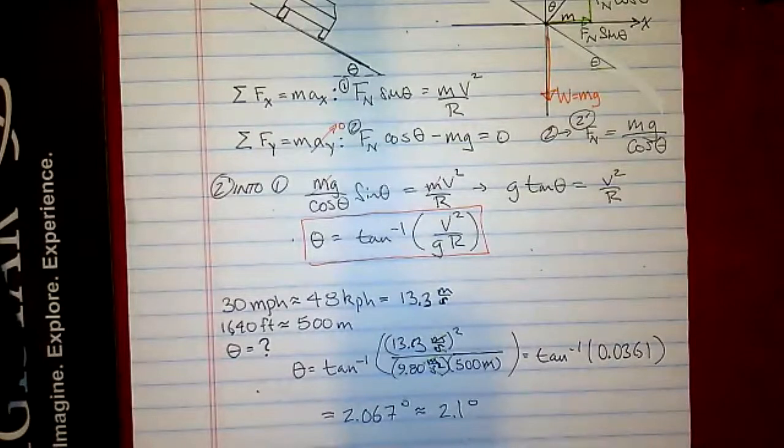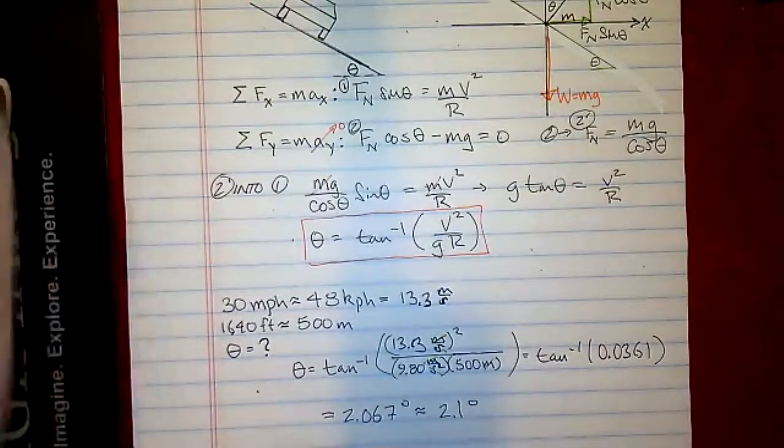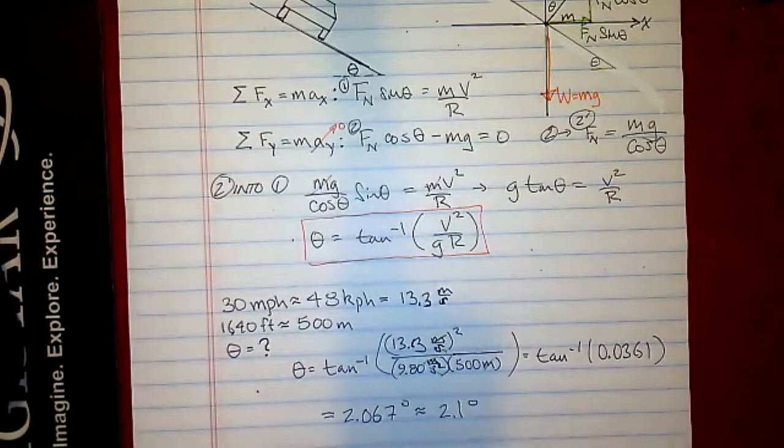Now, I looked up a couple of publications, and all of them are quite old, but one of them was from the University of Texas, and they suggested that if you're moving at 48 kilometers per hour, actually they used 50 kilometers per hour, and you go around a 500-meter banked curve, that banked curve should be between 2 and 3% grade. 2 and 3% grade means 2 units of height for every 100 units of run.